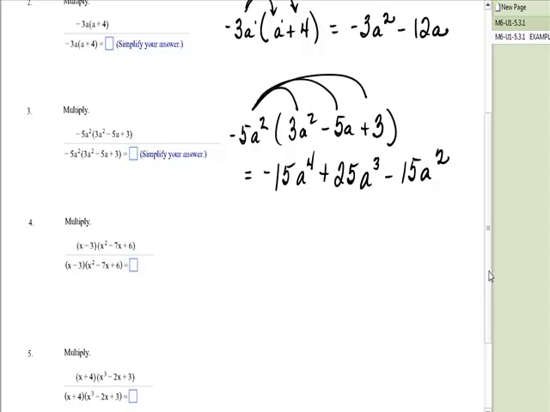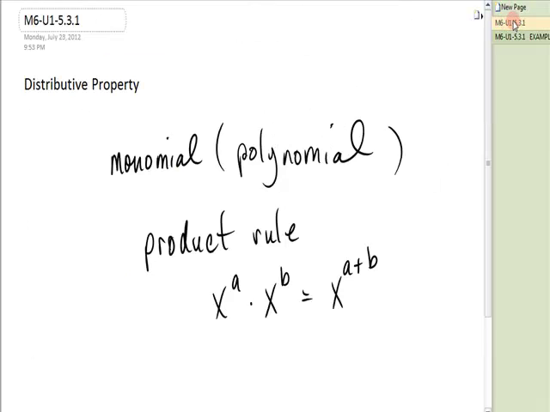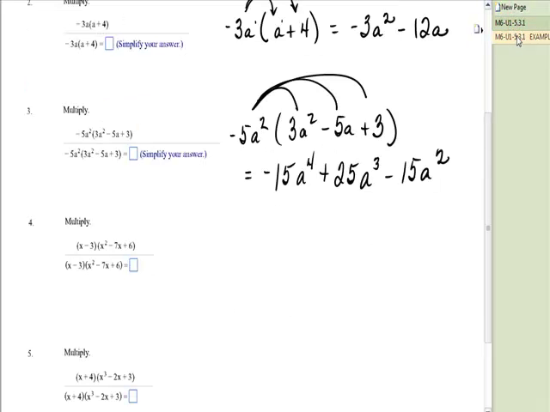In the next few problems, we're going to extend past the monomial, which is what I mentioned in the beginning, and we're going to be multiplying a binomial times this trinomial, but we're still going to do it one term at a time. So I have x minus 3 times x squared minus 7x plus 6.